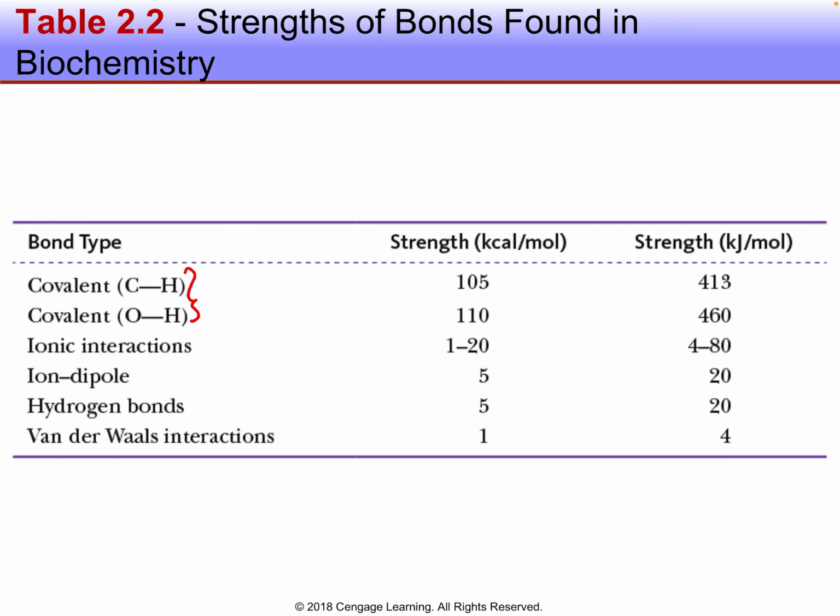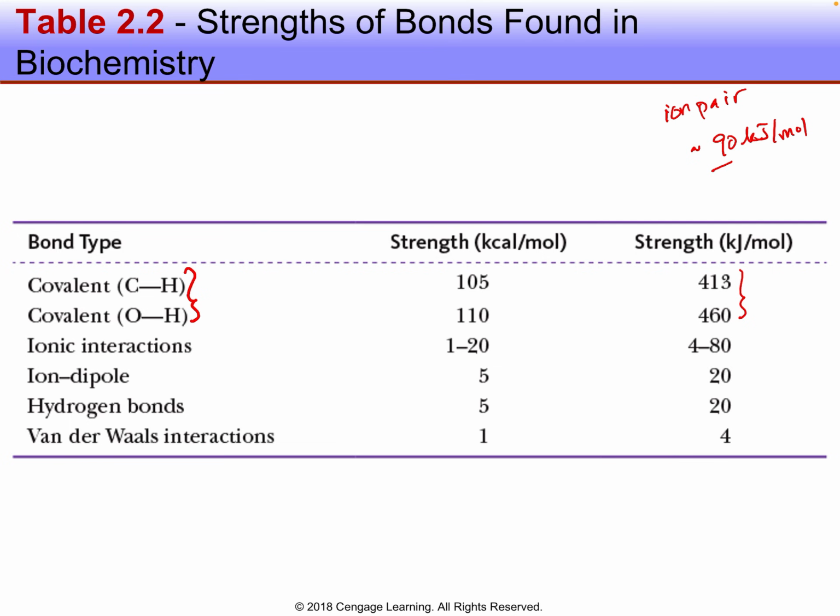An ion pair, just for reference, is going to be about 90 kilojoules per mole. Notice that that is still weaker than the covalent bonds between oxygen and hydrogen, and carbon and hydrogen.